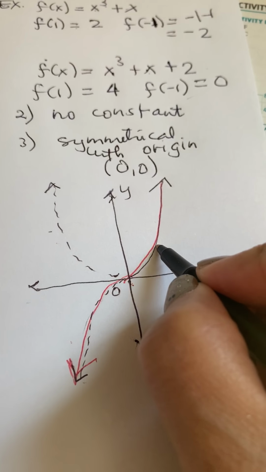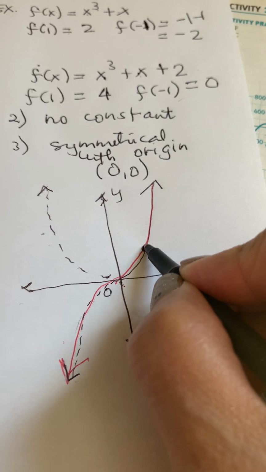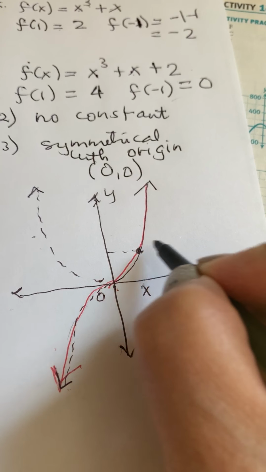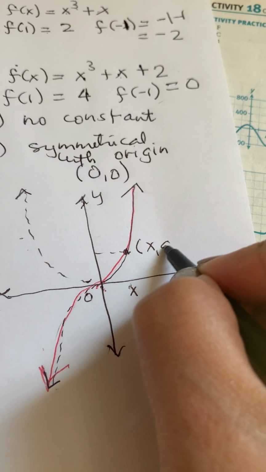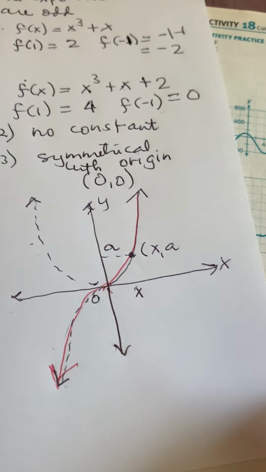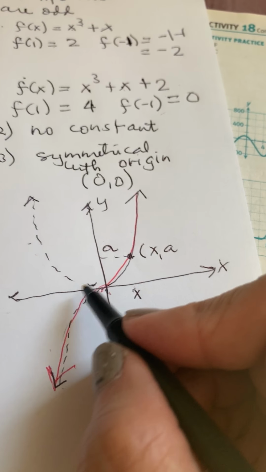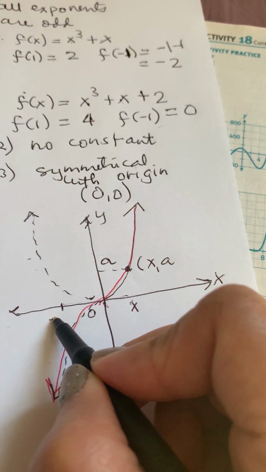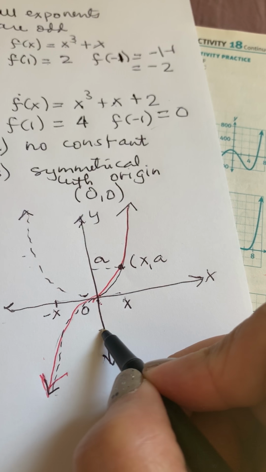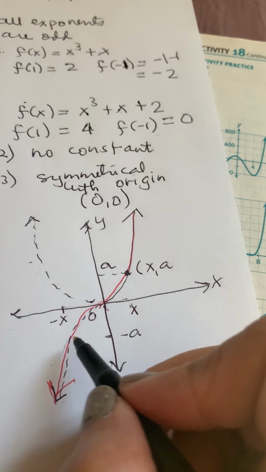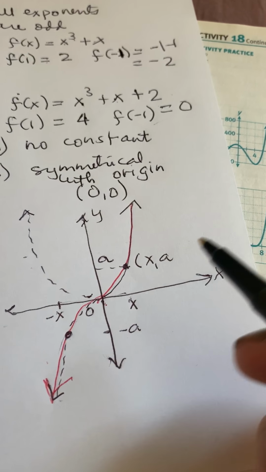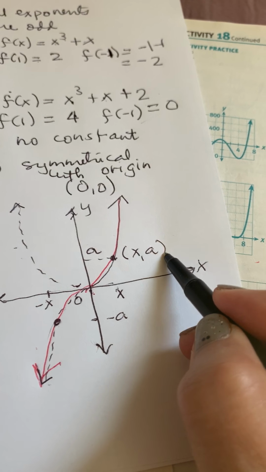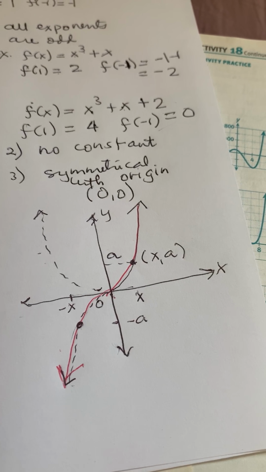Or some students say if they have this point, let's say this point is x and a, on the other side you will find negative x and negative a. It depends how you look at it. So if all your x, a points become negative x and negative a, then that's symmetrical with the origin.